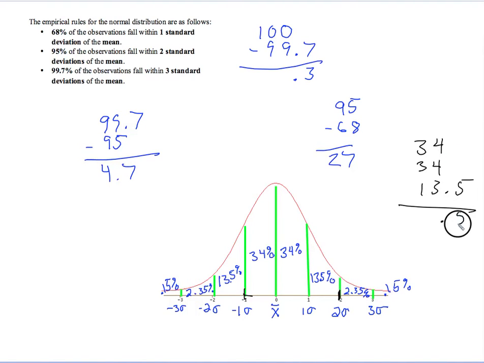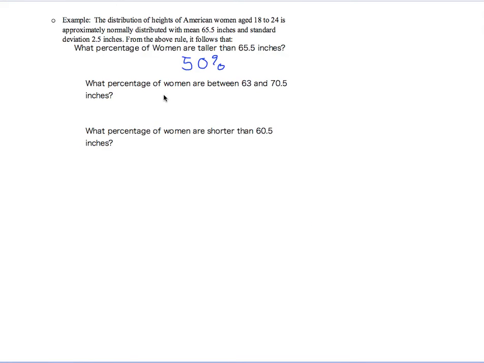I'm going to add that: 5, 4, 8, 11, 3, 6, 7, 8. So 81.5%. So 81.5% of women are between 63 and 70.5.